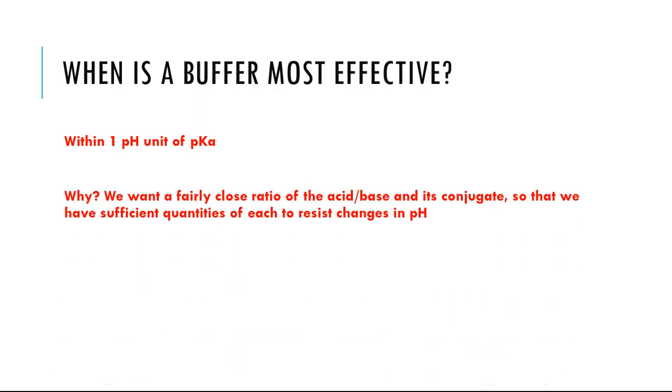And that's because I want a pretty close ratio of the acid or base and its conjugate, because we need to have sufficient quantities of each to resist changes in pH. When we get too far away from the original pKa of the weak acid, we have a pretty great disparity in those concentrations, and so it won't be as equipped to resist changes in pH.